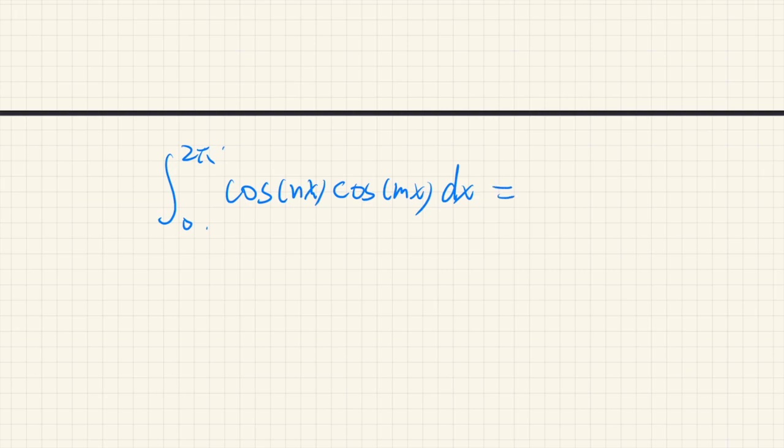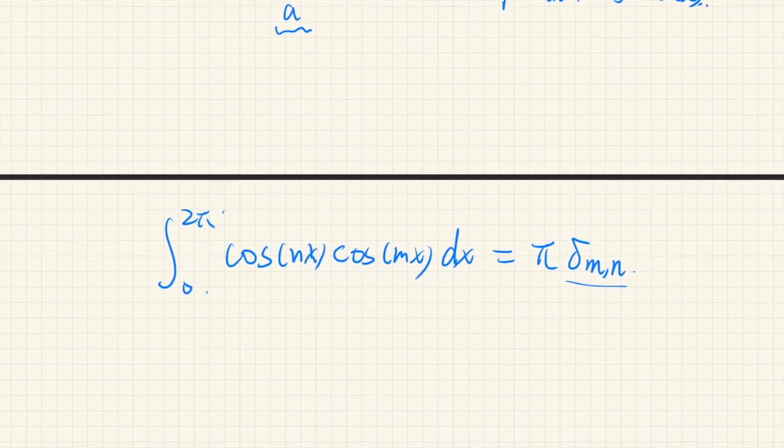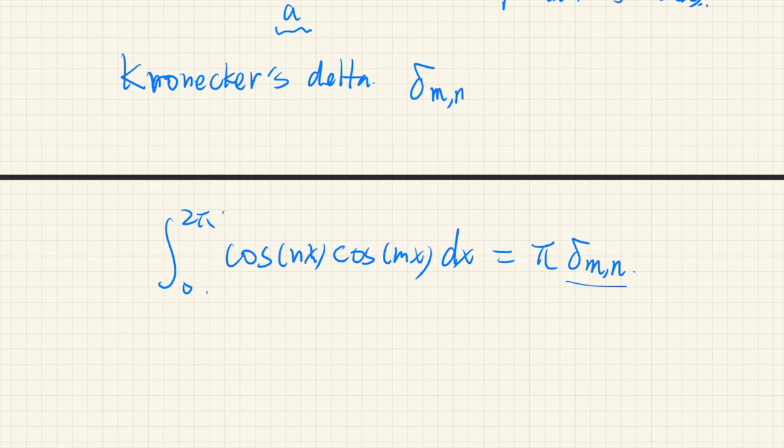then this is equal to pi times Kronecker's delta mn. In case you forgot, Kronecker's delta mn is equal to 1 if m is equal to n, otherwise it's 0.